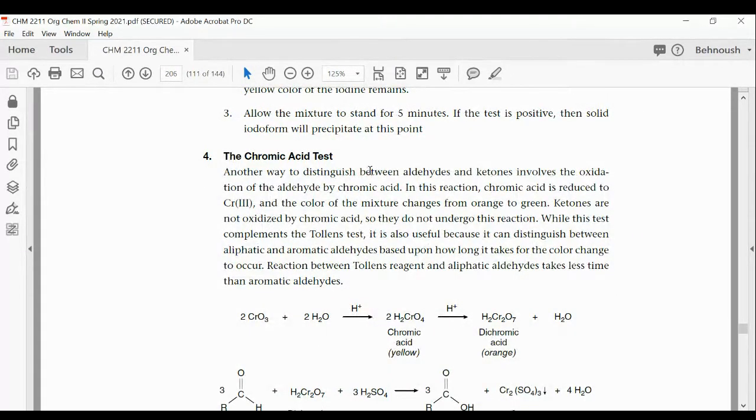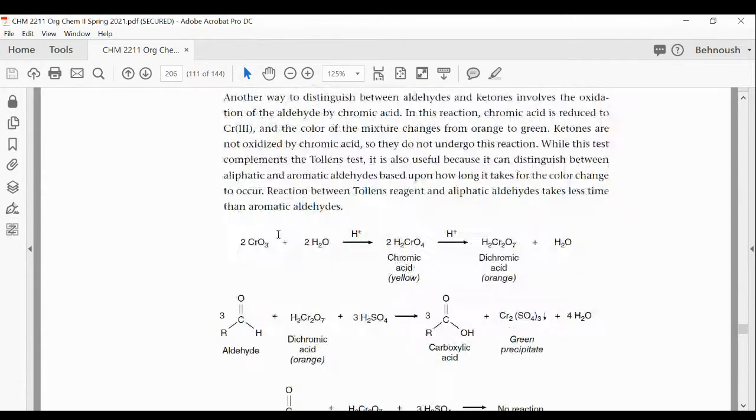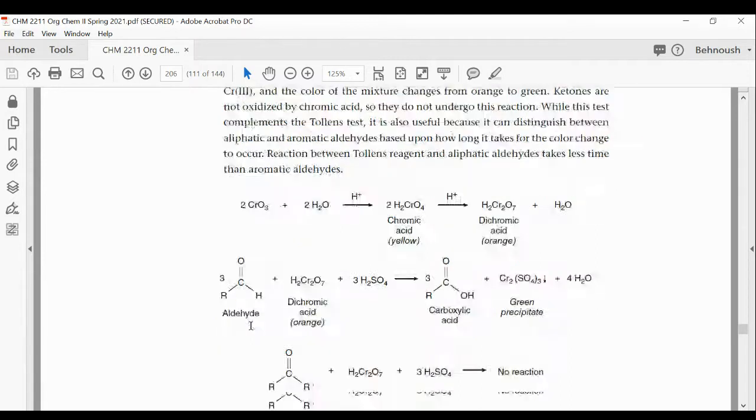Chromic acid test. What is chromic acid? It's another oxidizing agent. What would be the conclusion if it's a positive test or negative test? If you had a carbonyl compound that gave a positive test with 2,4-dinitrophenylhydrazine, that means it has a carbonyl group. Is it an aldehyde or a ketone?